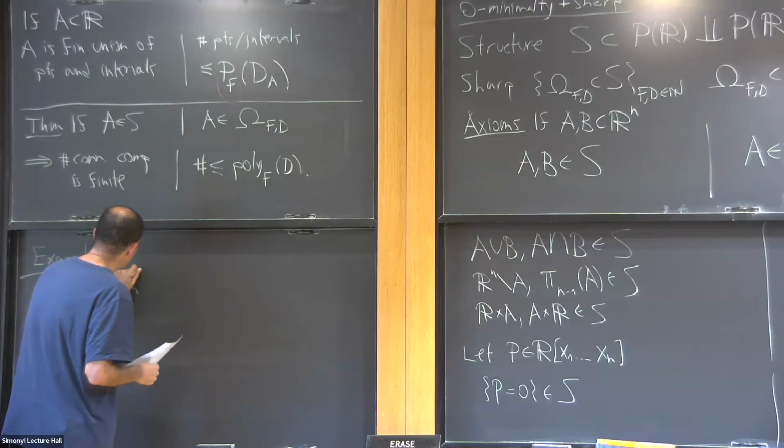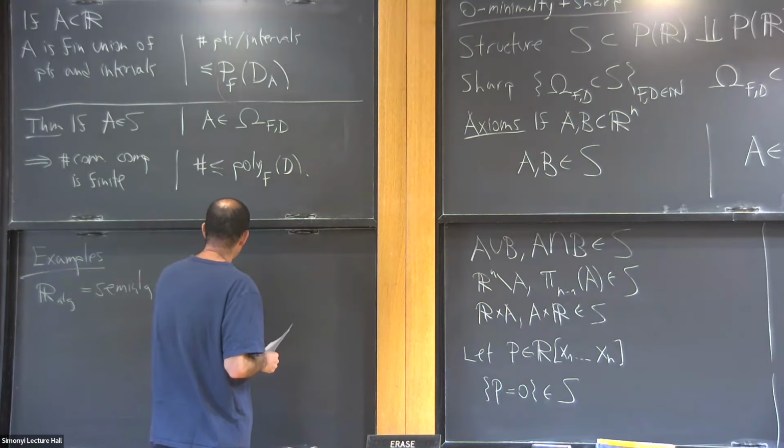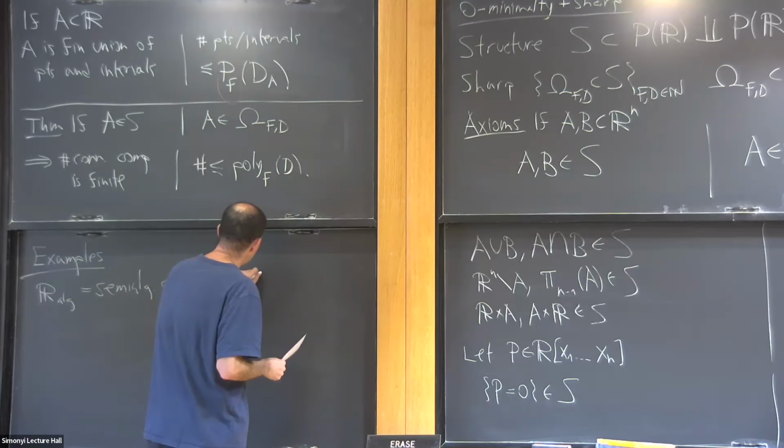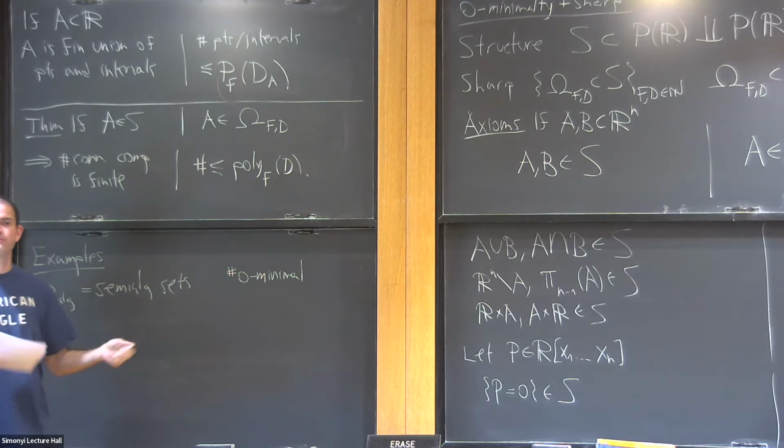If you just take this, you'll be left with semi-algebraic sets: basically things you can write using formulas with just addition and multiplication. And this is actually sharply O-minimal, perhaps not super surprising, because we know that for algebraic things, we can associate a degree, and the format in this case would be just the dimension.